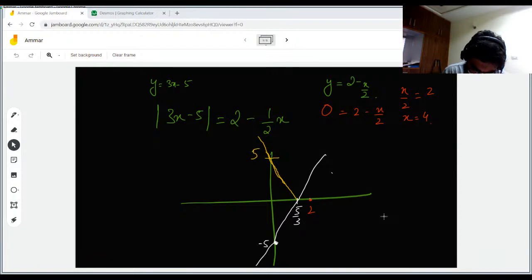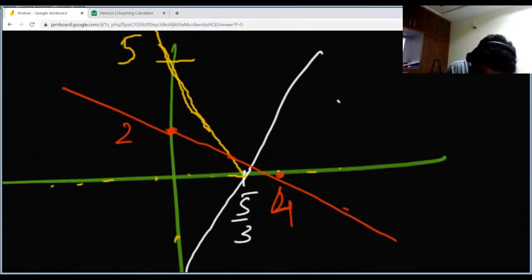So x is 4 and y is 2. And now if I zoom in, we are talking about these two particular points, right?